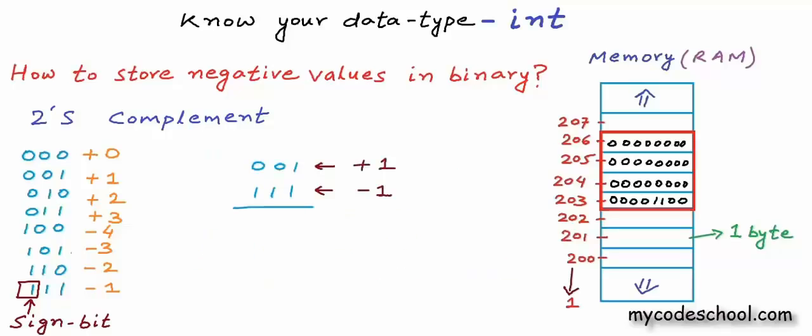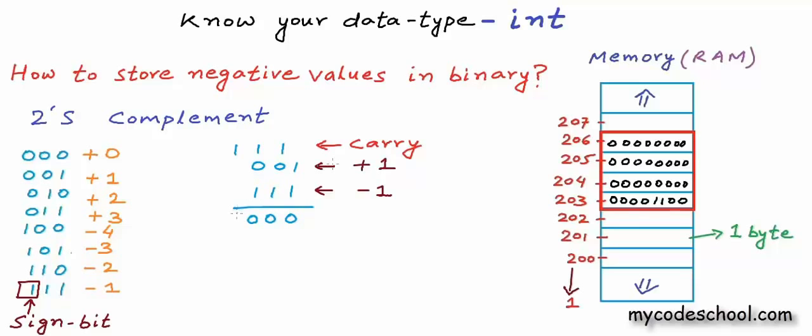So now if I'm adding 001, which is +1, and 111, which is -1, let's see what's happening. We'll start at the rightmost position. 1 plus 1 would be 10. 1 will go as carry. Now at the next bit position we once again have 2 1s, so 1 will go as carry, and once again for the leftmost position also we'll have a 0 and 1 will go as carry.